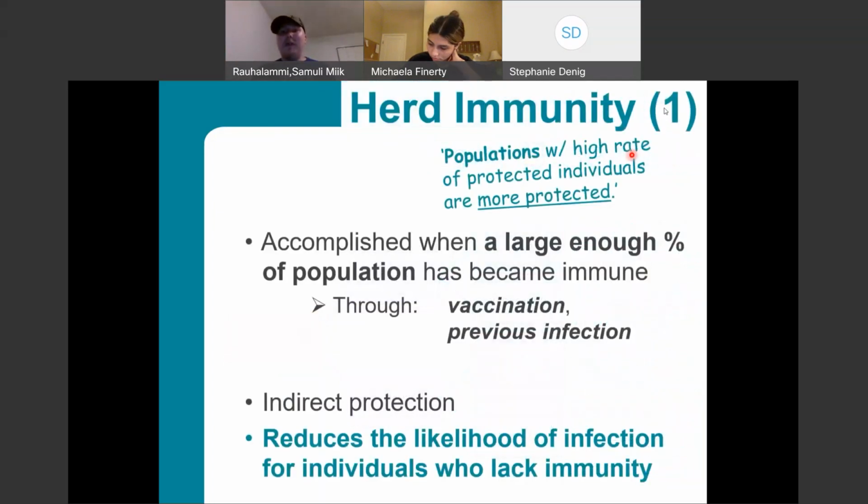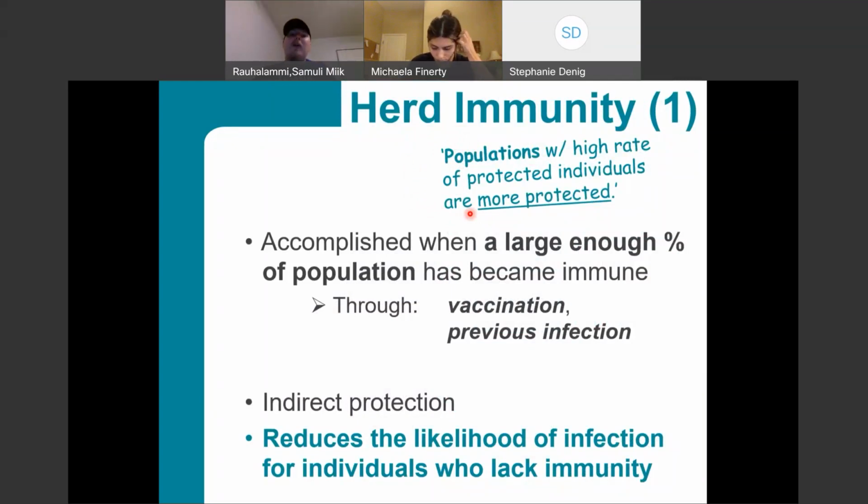So herd immunity refers to populations where we have a high enough rate of individuals that are protected against that pathogen. In those populations in general, even if you don't have protection against that pathogen, and you live in a population where everyone else is protected, you're likely to stay healthy and safe as well.